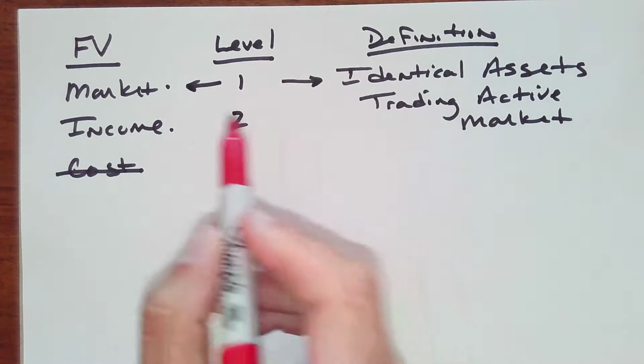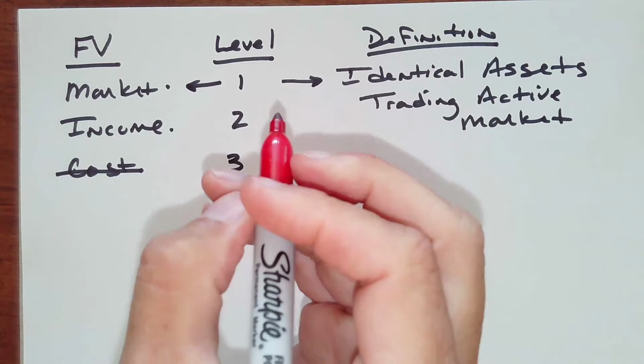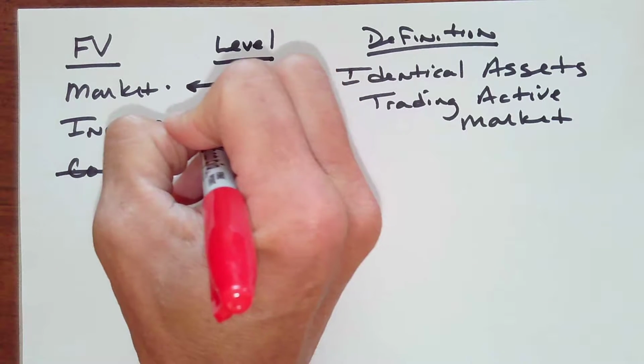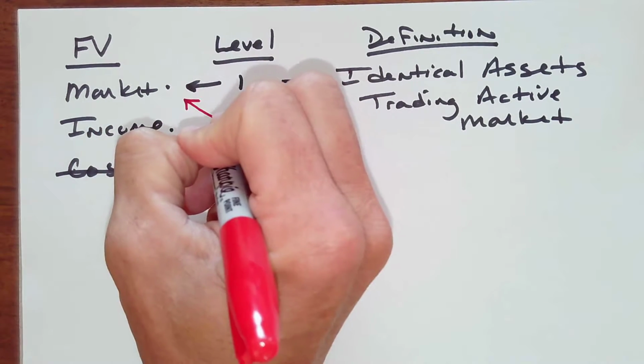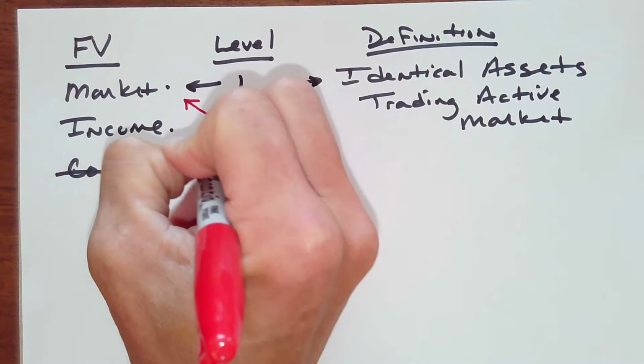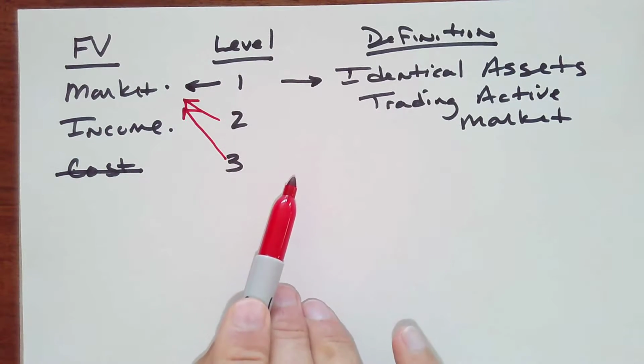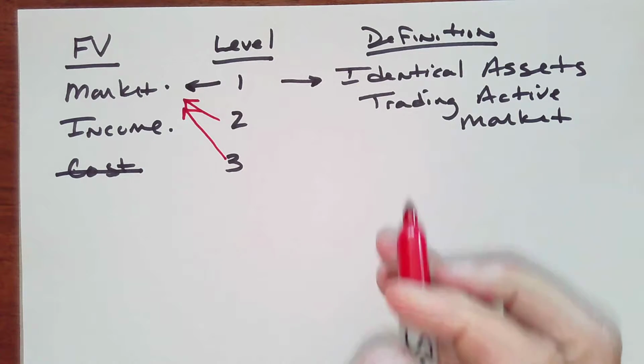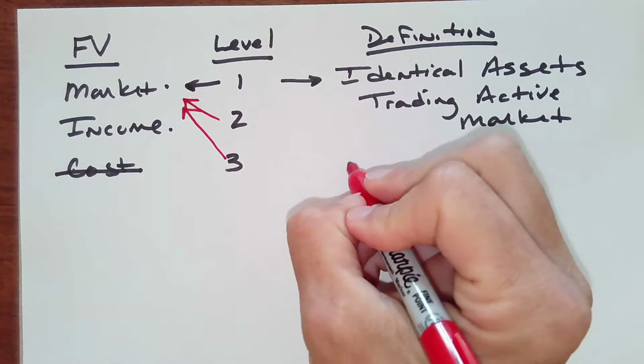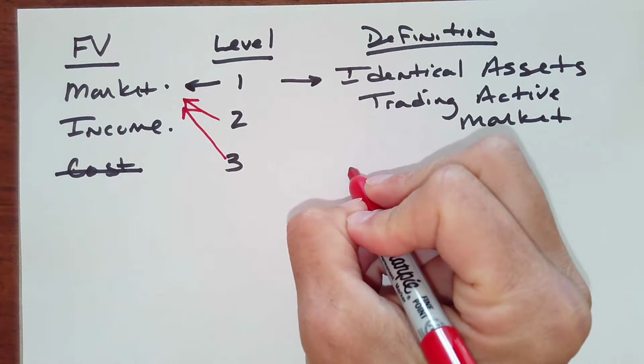Now, we can still use a market approach for level 2 and for level 3. But here, when we're using a market approach, what we're looking at is similar assets or similar instruments.